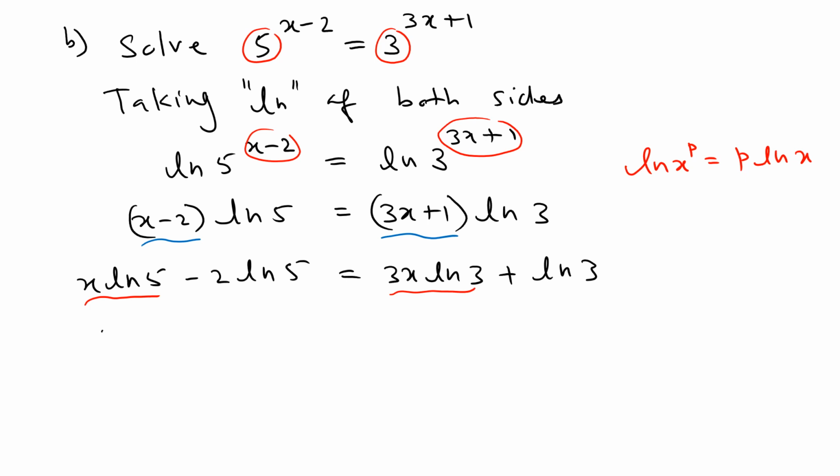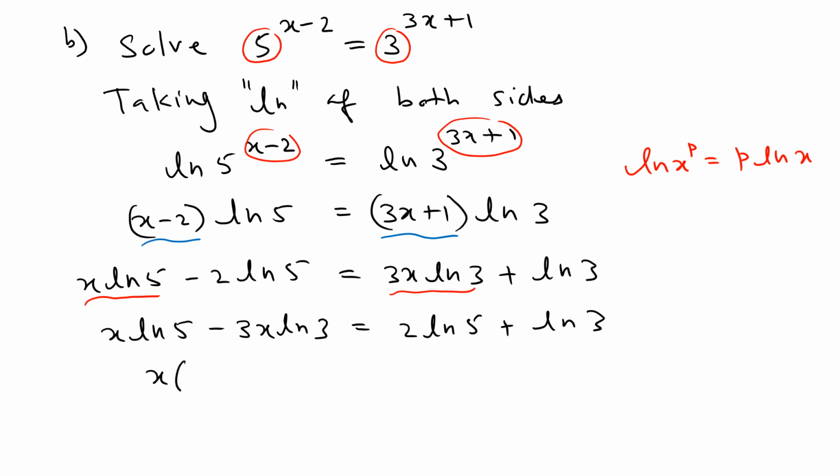So that means we can write this one as x ln 5. If you bring the 3x term, you get negative 3x ln 3. And then we're going to move the 2 ln 5 to the other side. It's going to be 2 ln 5 plus ln 3. Now you can see you can take x as a factor.